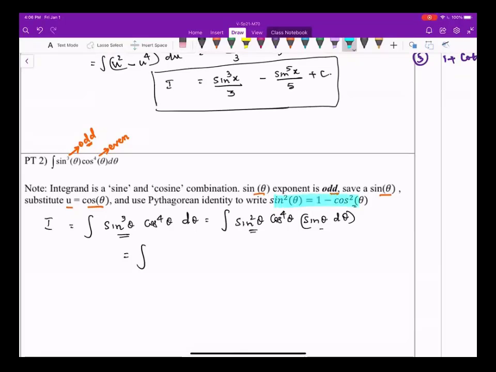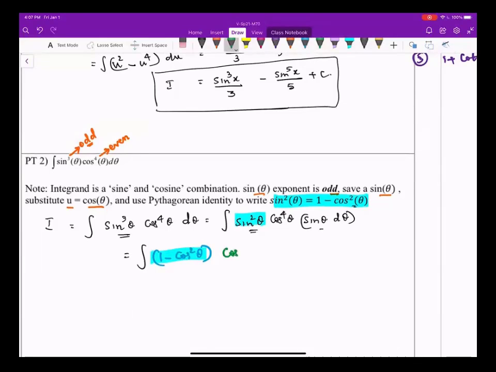That's what the suggestion here tells us, the Pythagorean identity. So we are going to write that sine square as 1 minus cosine square. Then cosine to the power 4 theta, we don't have to reorganize that because cosine theta is after all u. We are not going to do anything with that.